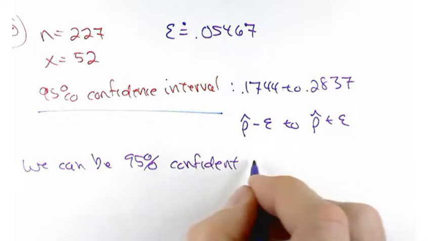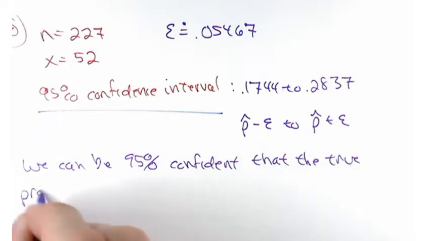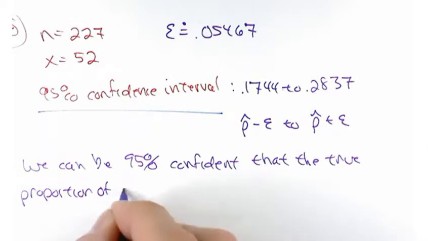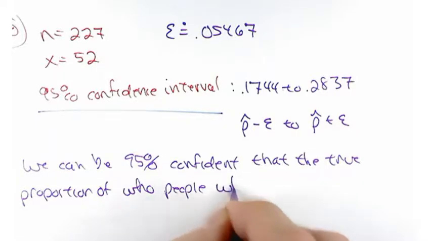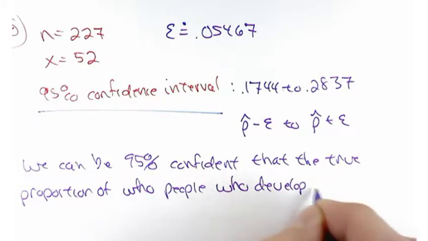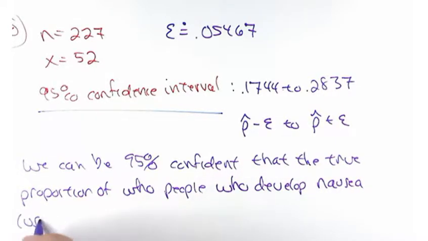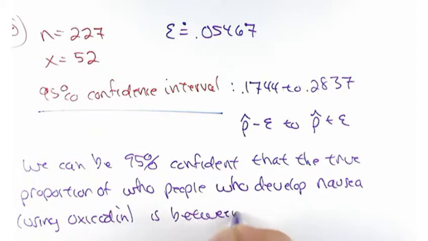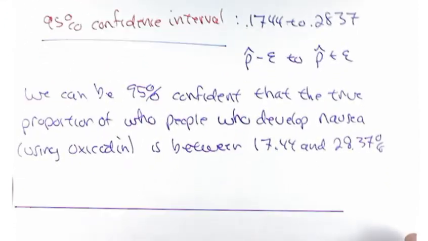We can be 95% confident that the true proportion of people who develop nausea using oxycodone is between 17.44 and 28.37%. Perfect.